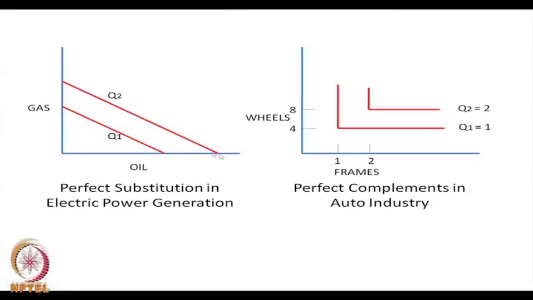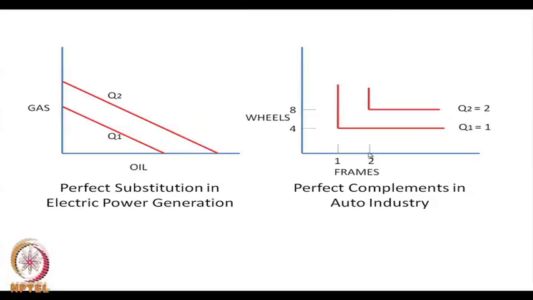But if we consider the case of complements, please recall that a complement is one which says that this is a case of a car. In a car, if we need one frame, we will need 4 wheels. This is a perfect complement.